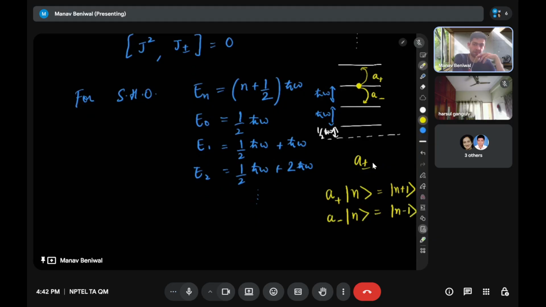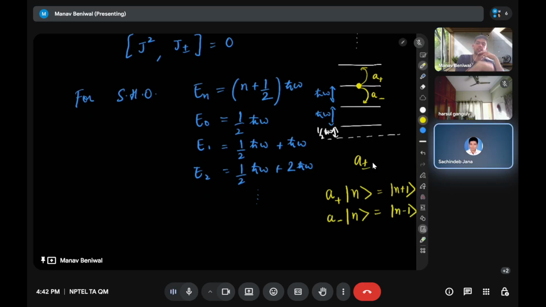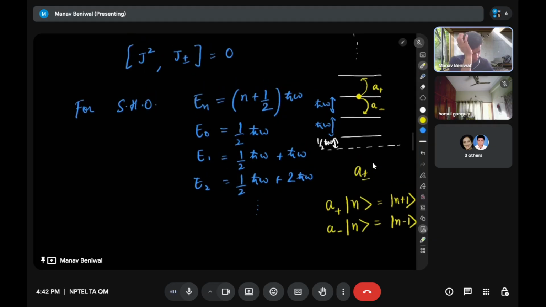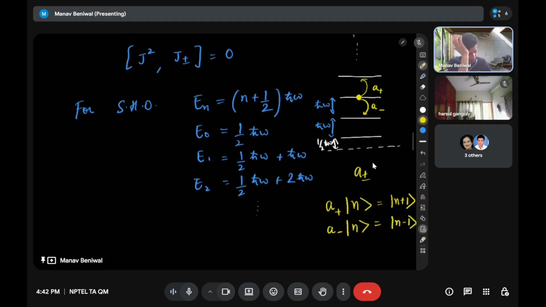So you can think of these ladder operators as operators which take your current state to the next energy state or the previous energy state, one step higher or one step lower. This is in terms of our simple harmonic oscillator.